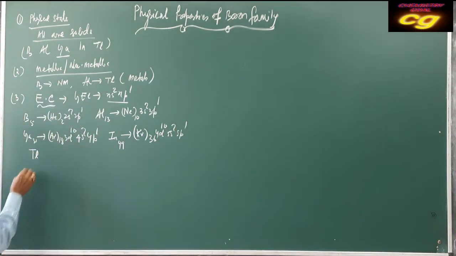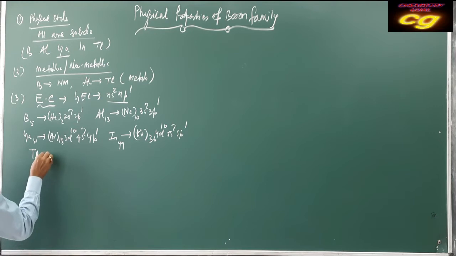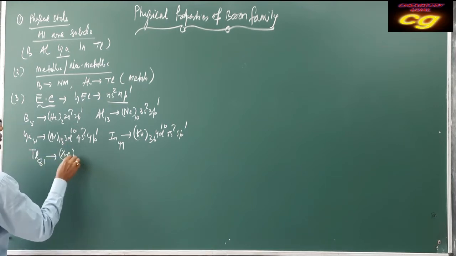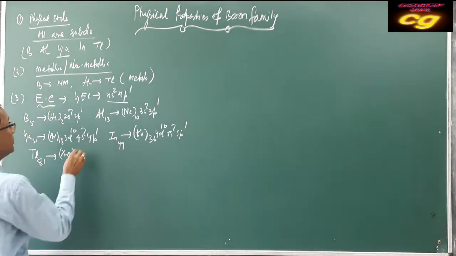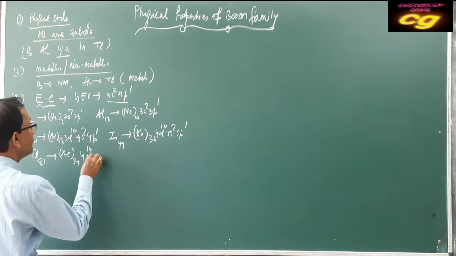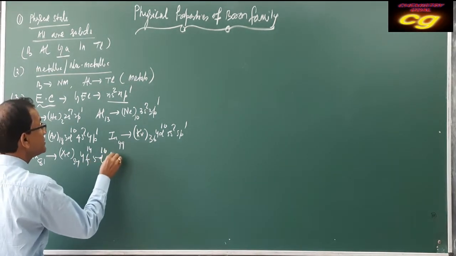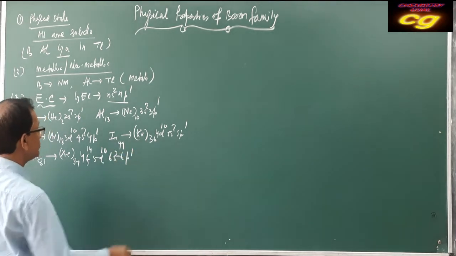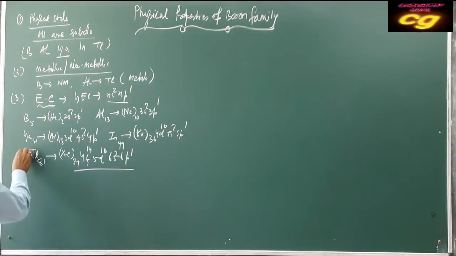Then thallium, that is 81, xenon 4f14 5d10 6s2 6p1. So this is very important, the thallium configuration and gallium configuration.